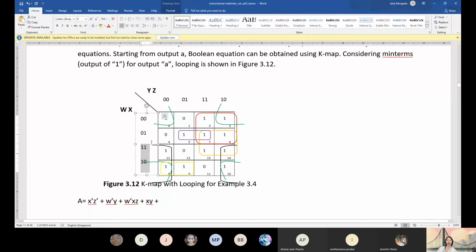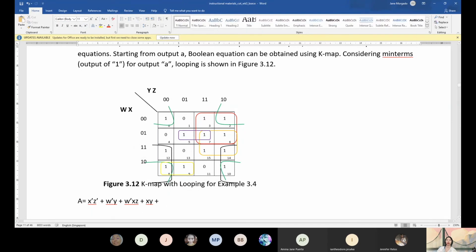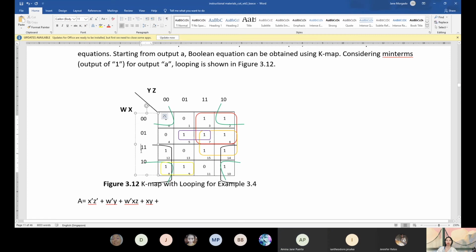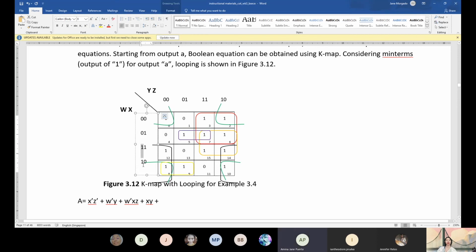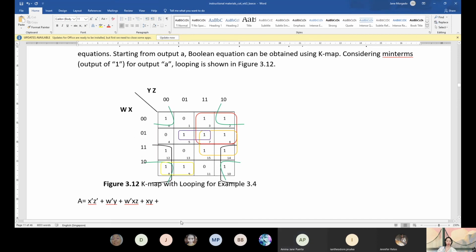Compare X: 1, 0. What will happen to X? Eliminated. And for W, we have 1, 1. W is 1, so W.